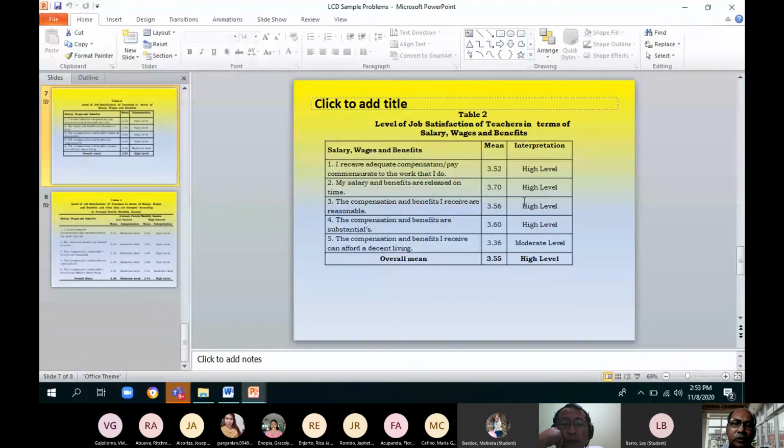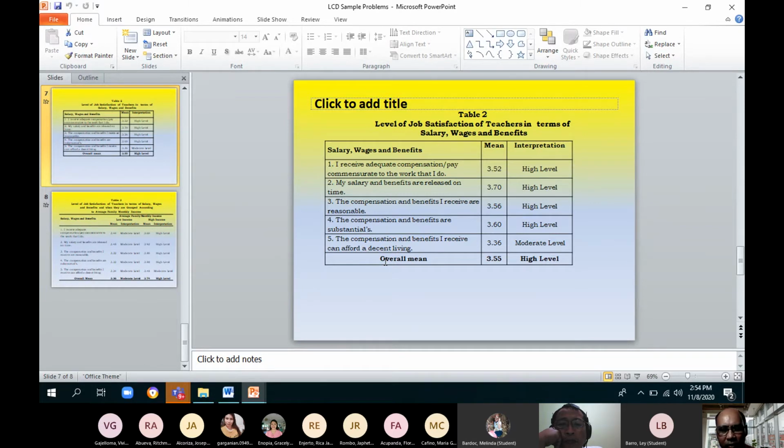Sa highest kag lowest, don't forget to mention the items, kung ano yung items, kag interpreted as ang imo nga result, kung high, low, or very high. And then, i-mention dayon with an overall mean of 3.55, interpreted as high level.